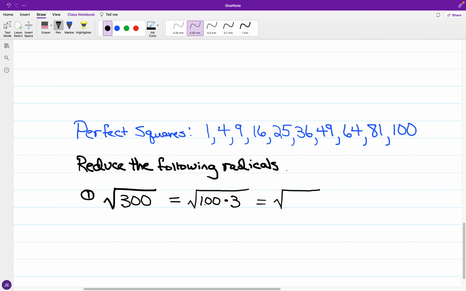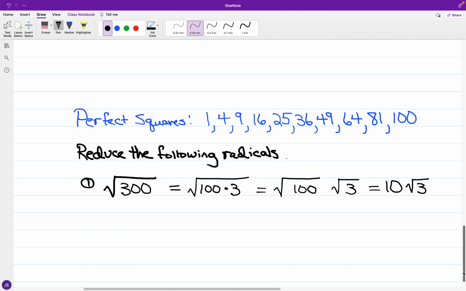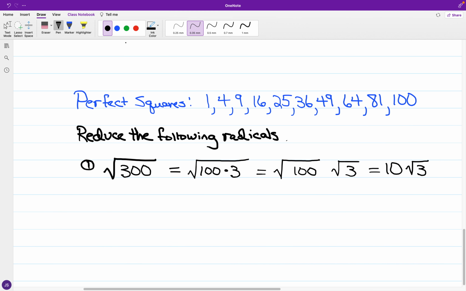So we have the square root of 100 times the square root of 3. The square root of 100 will go to 10, and the square root of 3 cannot be reduced. So the square root of 300 comes out to 10 times the square root of 3.